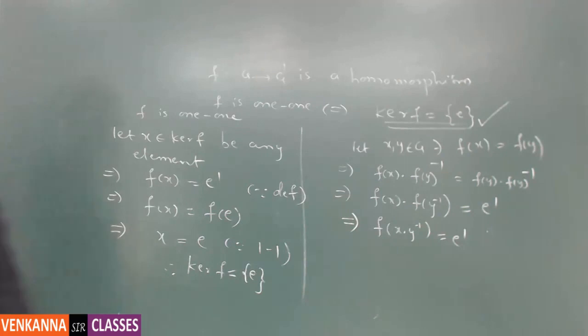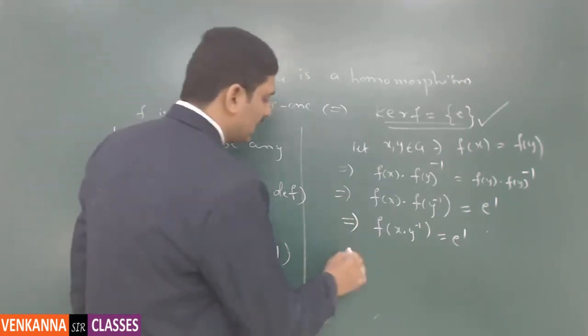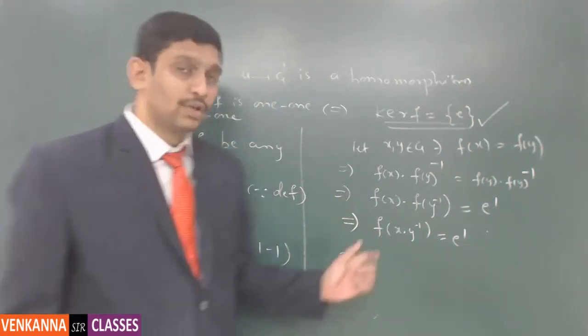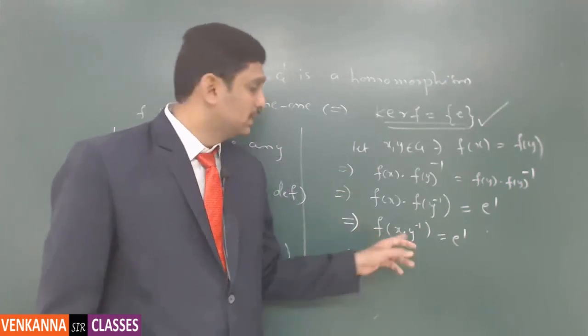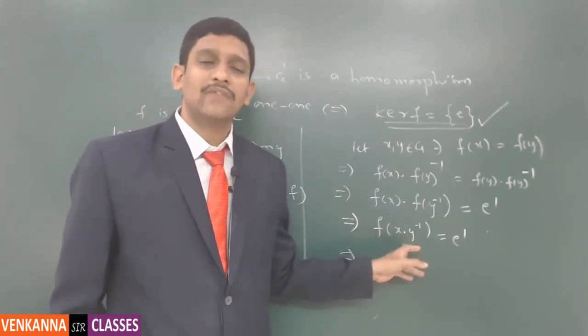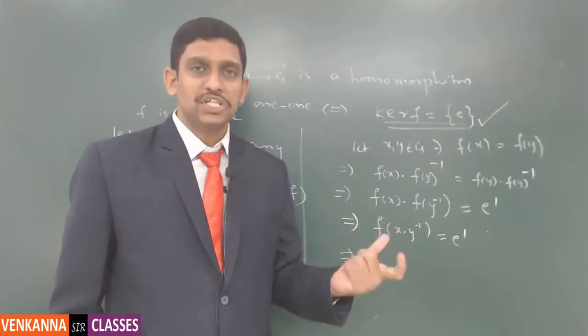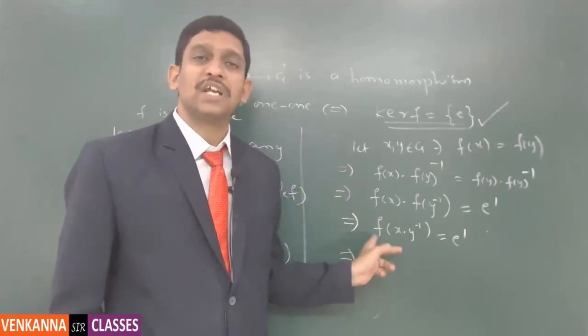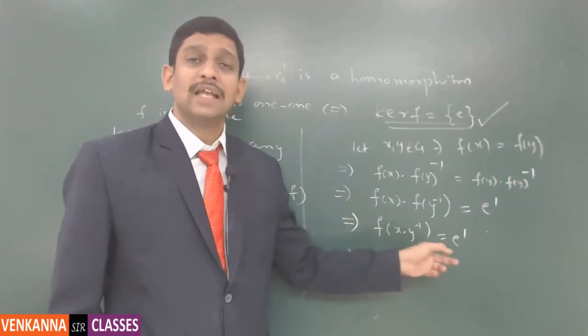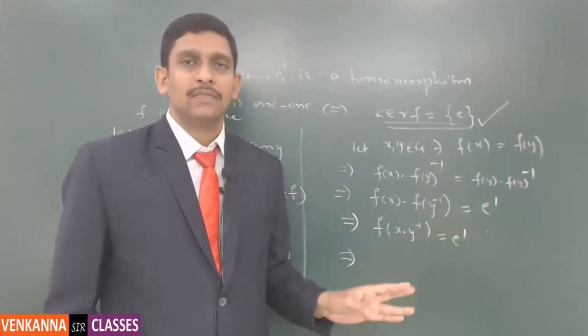Now, immediately I can say, if you observe clearly, that x y inverse is an element for which I am applying the function f, and the result has become identity.